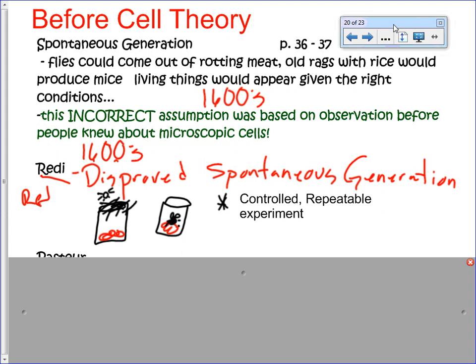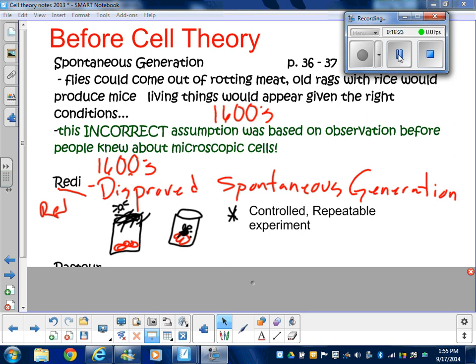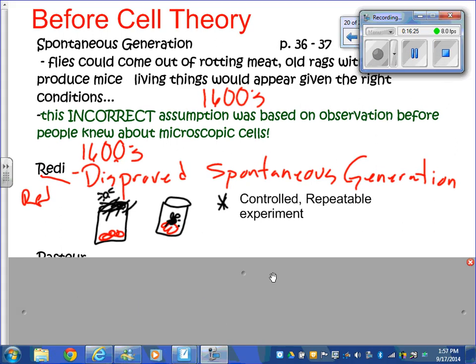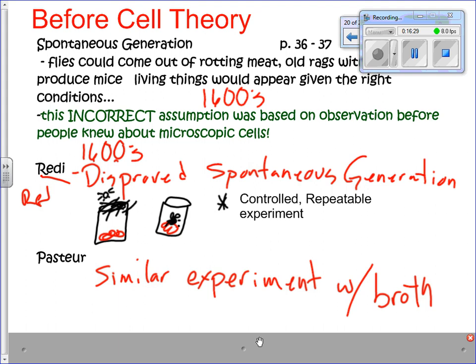Please tell us about Louis Pasteur. Let's go over that. So Louis Pasteur did a very similar experiment with broth. This was in the mid-1800s.